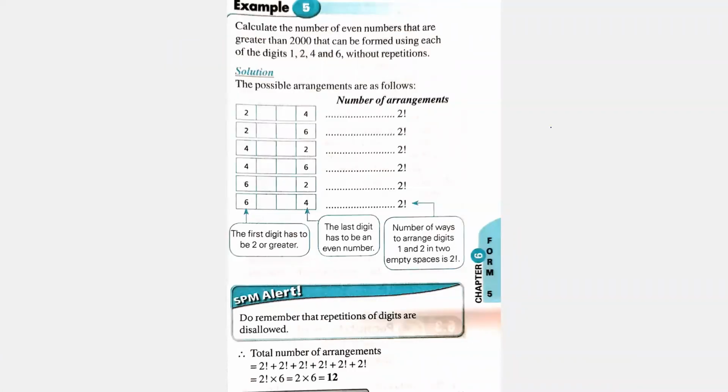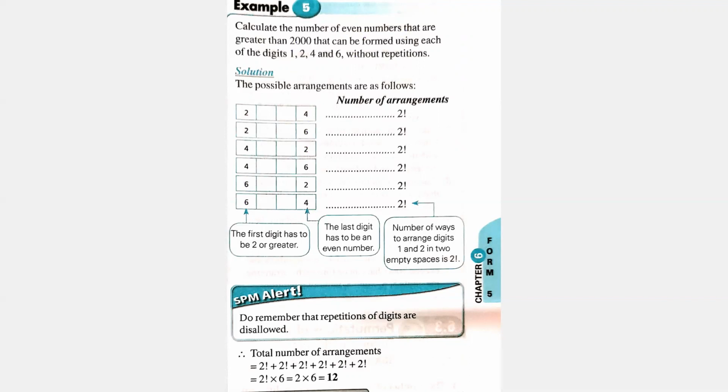Example 5. Calculate the number of even numbers greater than 2000 that can be formed using each of the digits 1, 2, 4, 6 without repetition. If greater than 2000, we can start with 2, 4, or 6. The last digit has to be 2, 4, or 6 because it is an even number.